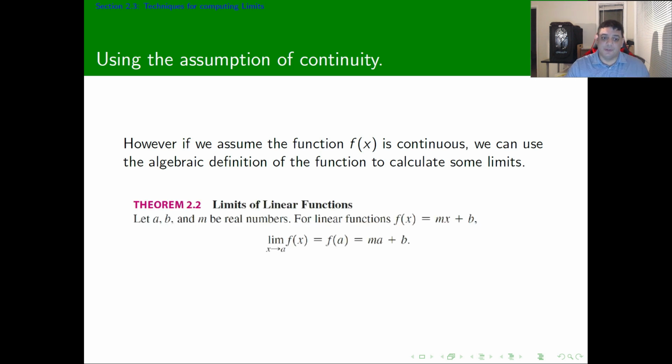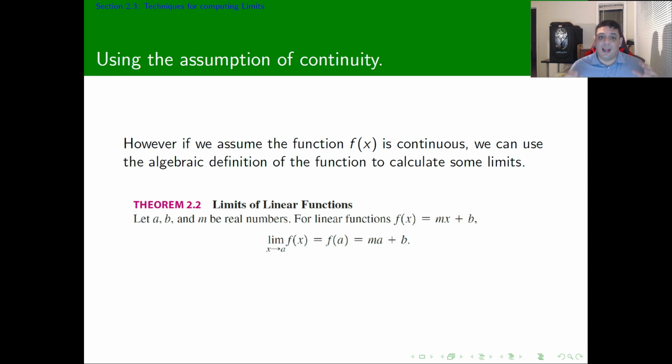For example, here, if we assume a line like the one we just did, lines are continuous, and so the limit when x goes to a of f of x is going to be f of a, which is the same as saying m times a plus b. So in this case, when the function is continuous, the limit is equal to evaluating the function, which was not the case in general.